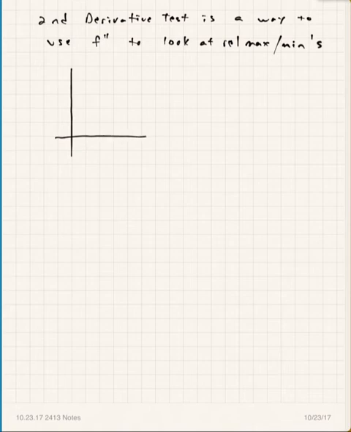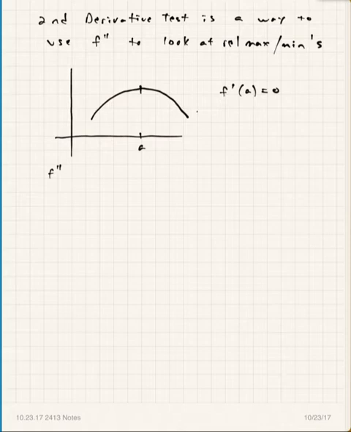First thing is, if you think about a relative maximum where the derivative is 0, we know that f prime at a is equal to 0. Notice that around x equals a, this function is concave down. Remember this is the graph of the function, so the sign of the second derivative here would be negative in this interval.